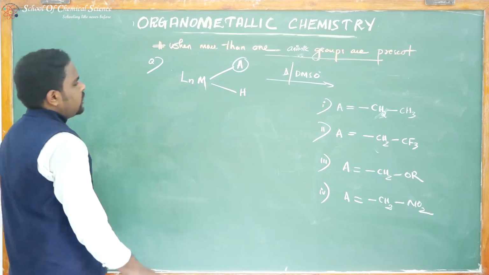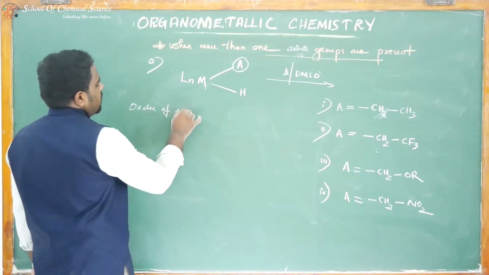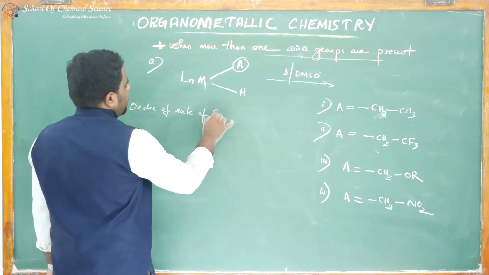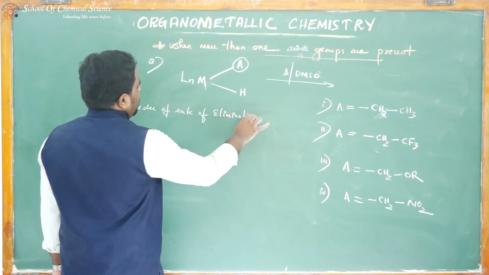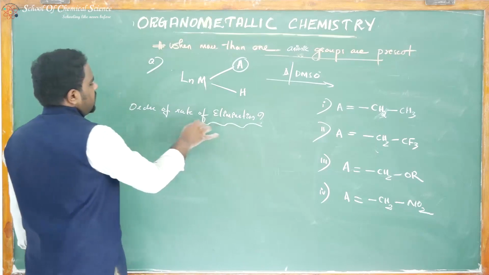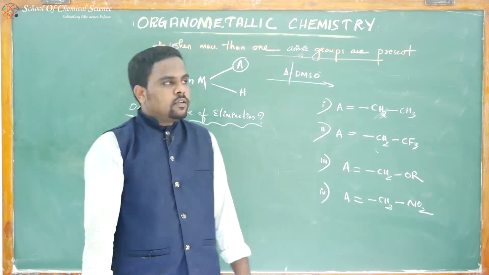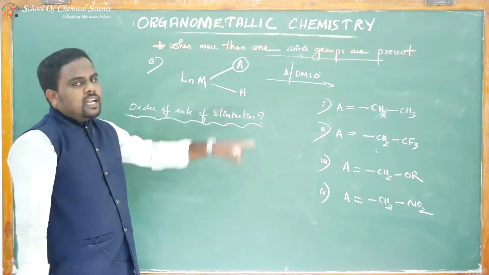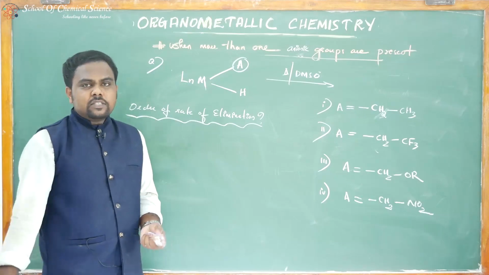So the order of rate of elimination, that is my question. A and H are anionic ligands. When you have A, mostly CH elimination is favored.